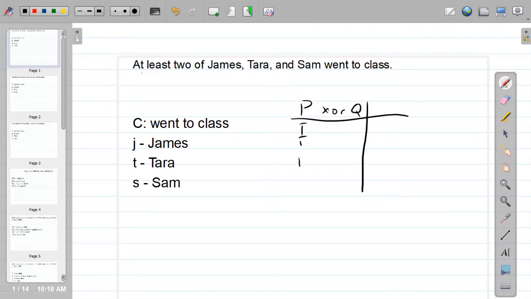And you can see that that's the same as the negated biconditional of P and Q. P and Q is true, false, false, true, and then you just flip these. So a negated biconditional is equivalent to the exclusive or. We can do that in this system. We just don't have a simple symbol for it.